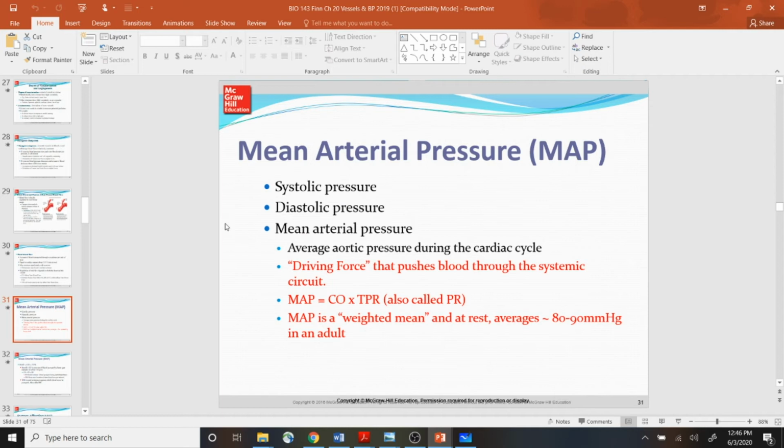You could certainly pause, and if you have some of your chapter 19 notes, go back and start to think about what we talked about with mean arterial pressure, because we did. I'm going to give you a minute to do that. I want to get my things in order here because this is probably our last important piece, and then we'll look very briefly at some of the anatomy of the blood vessels, and that will be it. I'll give you about a minute.